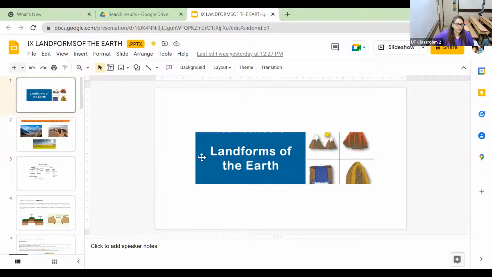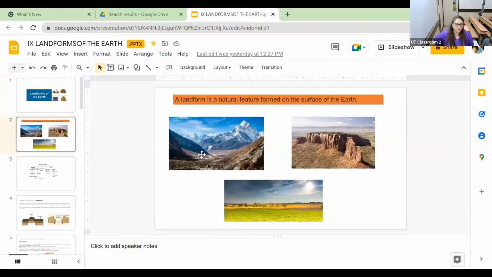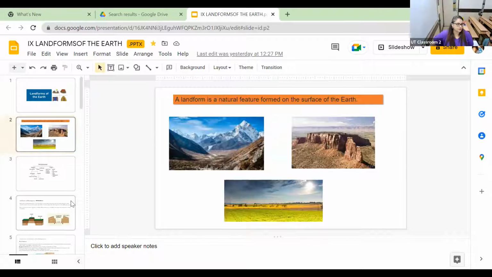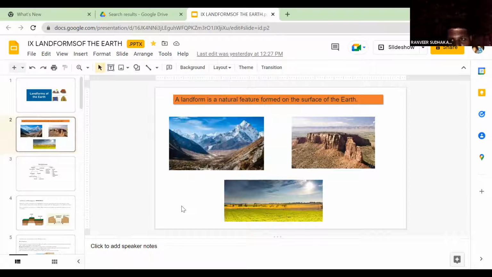Hey, can you see the shared screen, Landforms of the Earth? Yes, we can see. Okay. And what else? Can you see the board? No, we cannot see the board and we cannot see you. You can't see me. I'm here. Fourth camera is there, no?